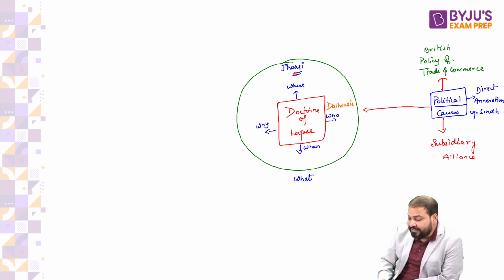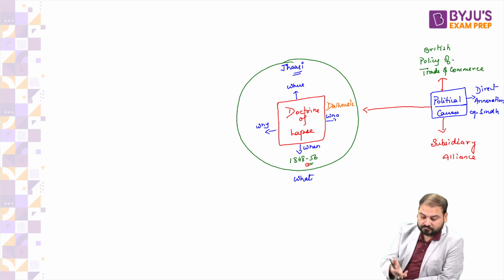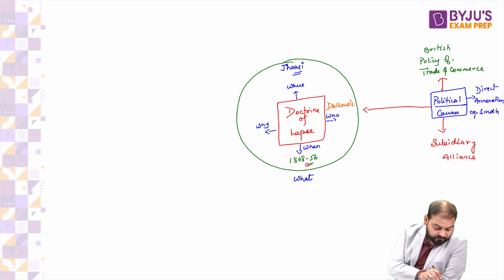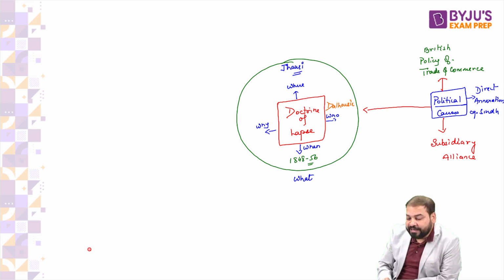In Jhansi, he had applied it. Now, when did he bring it? Between 1848 to 56. He was the Governor General and he brought it. Now, all of you, can anyone tell me why did he bring doctrine of lapse?